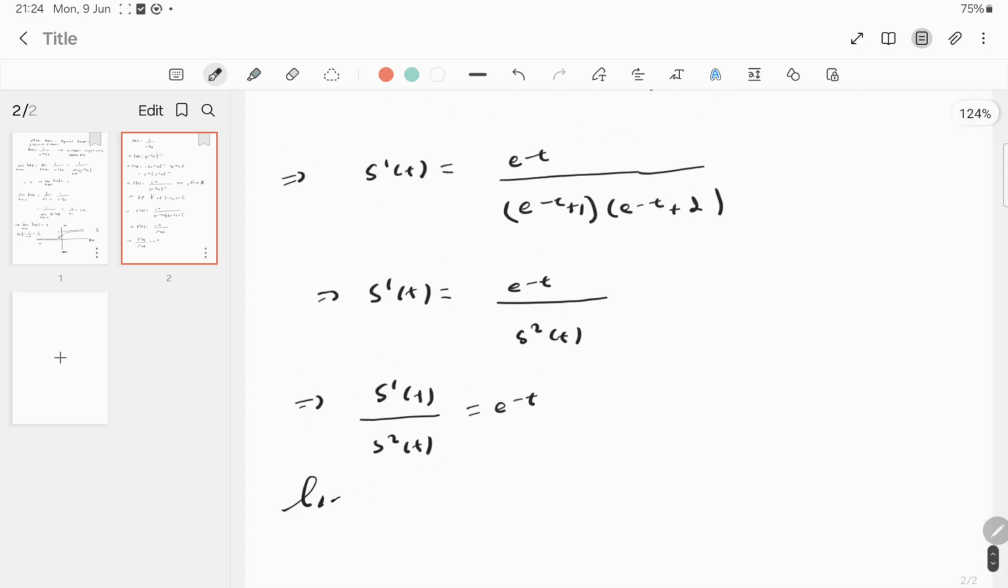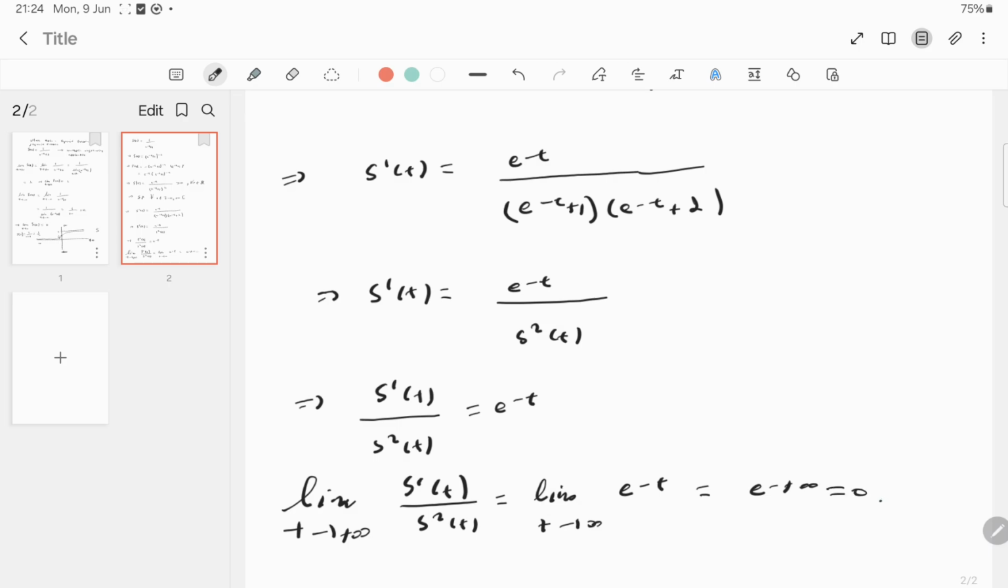If I take the limit of this as t grows to infinity, the derivative divided by s squared is the limit as t grows to infinity of the exponentially decaying function, and this goes asymptotically to 0.